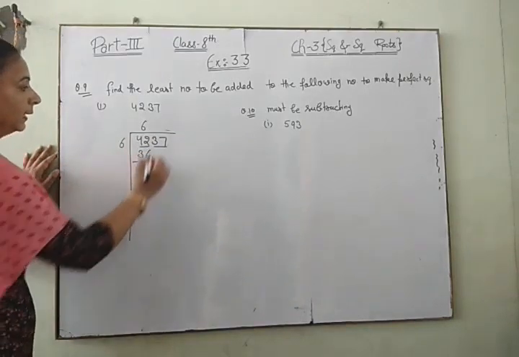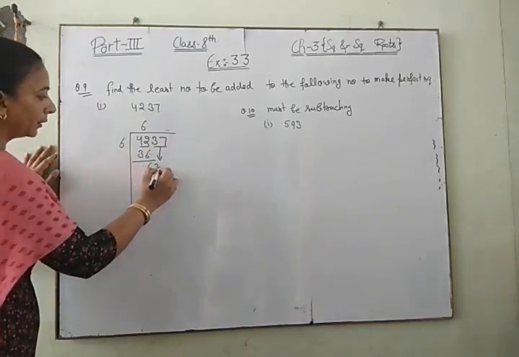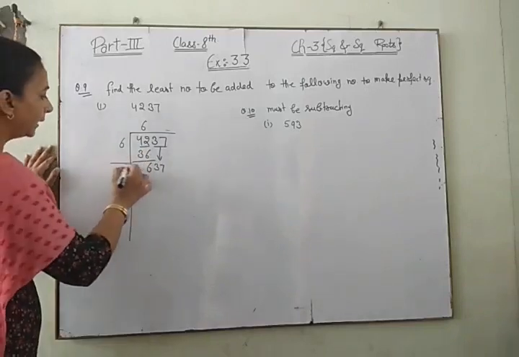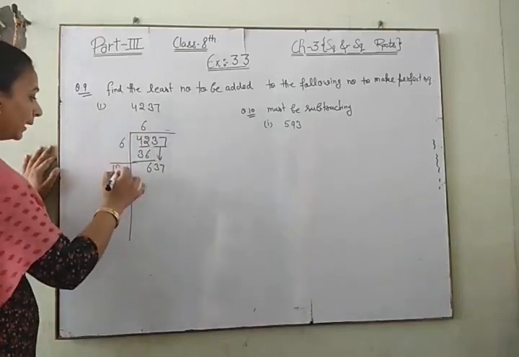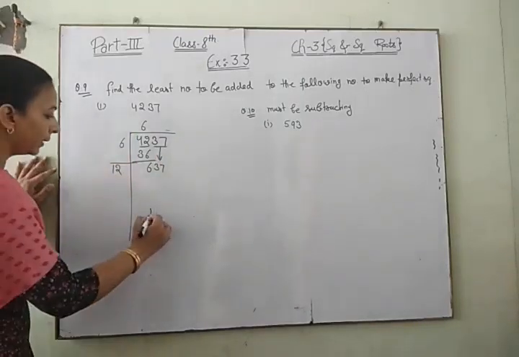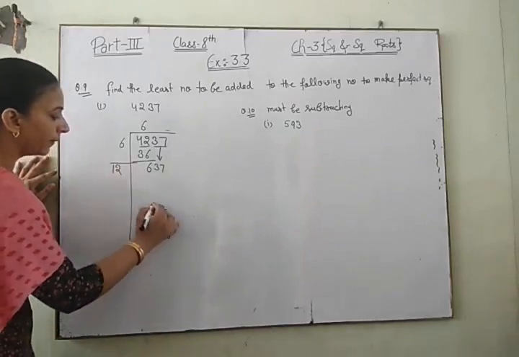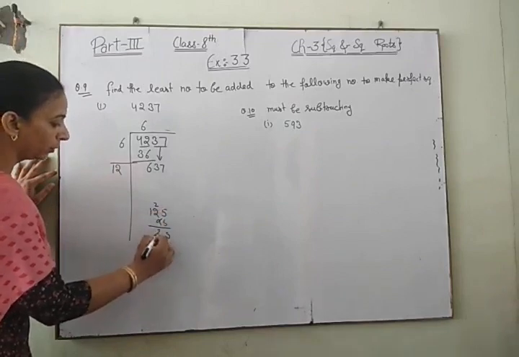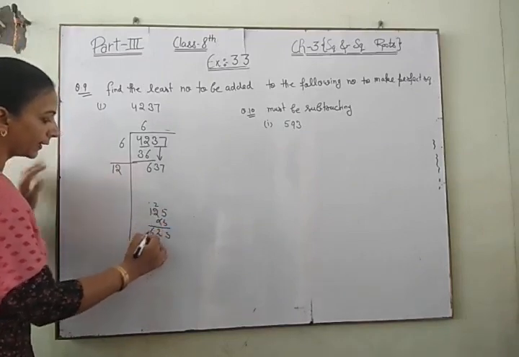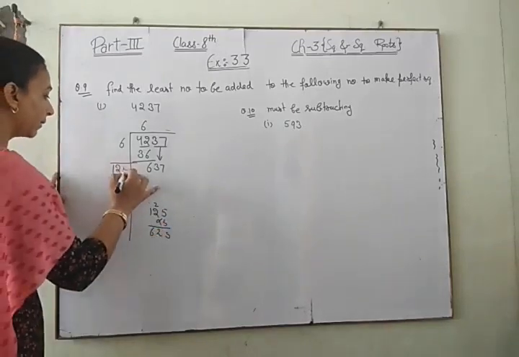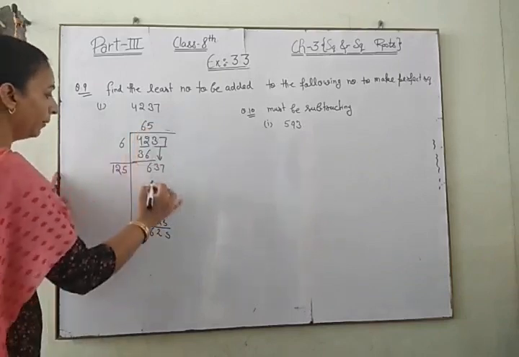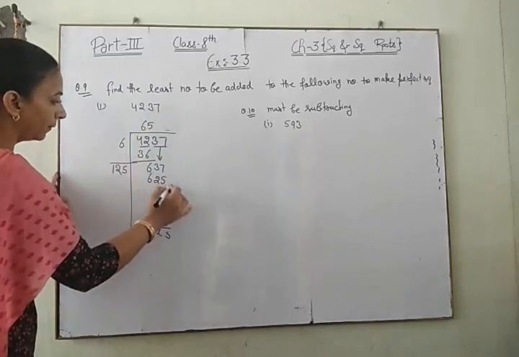Then 6. Again we take the complete pair 37. And the double of this is 12. Next we check 5. 5 5s are 25, and 625.